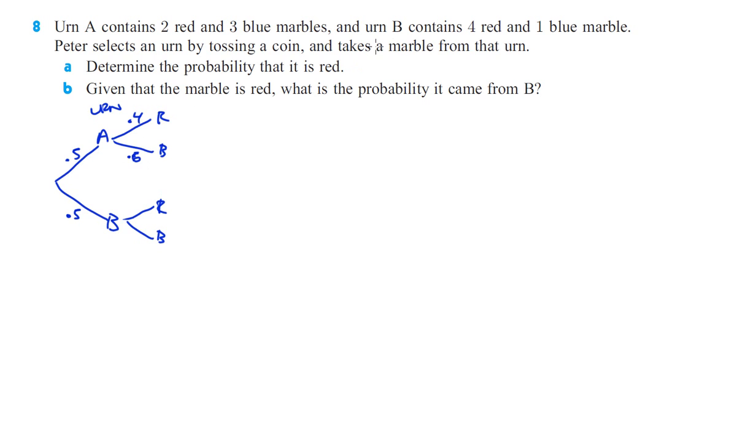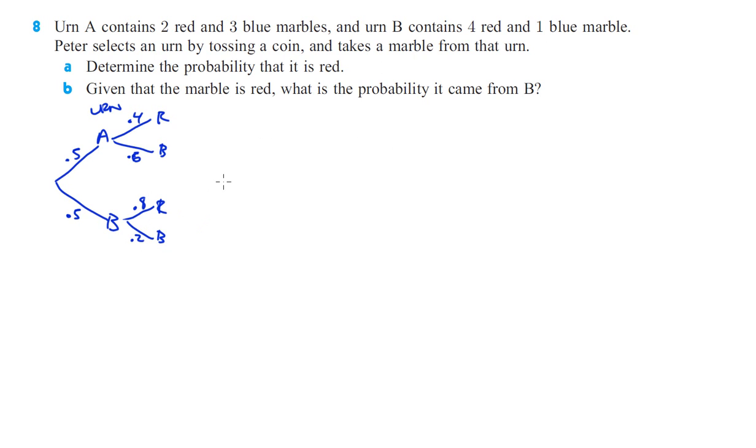And then urn B contains 4 red and 1 blue marble. So urn B, the red marbles are 4 red and 1 blue, so that's 4 out of 5, so that's 0.8. And then for the blue marbles, that's going to be 0.2.